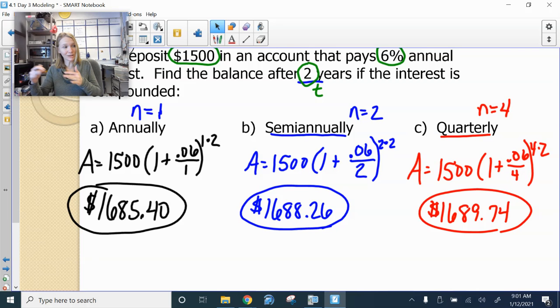Okay, so a little bit more yet as you start dividing up and calculating all of that interest over and over. Each time you divide your interest by more times, your value will go up a little bit, to the point where on Friday we'll talk about compounding continuously, which is typically how they deal with loans, because they want more money from you more often.